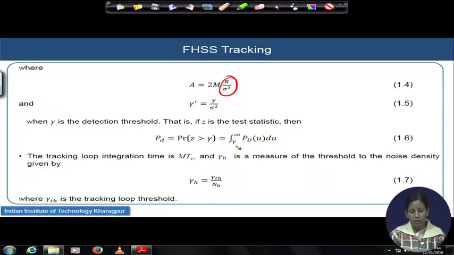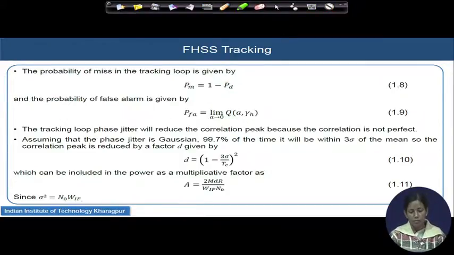For the tracking loop integration time, if the chip duration is Tc, then the total time over which the tracking loop is running will be capital M into Tc, and gamma Th is the measure of this threshold relative to the noise density. Our gamma H is equivalent to gamma dashed, the tracking loop threshold. Similarly, the misdetection probability will be 1 minus the detection probability.